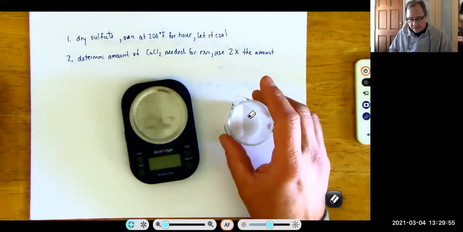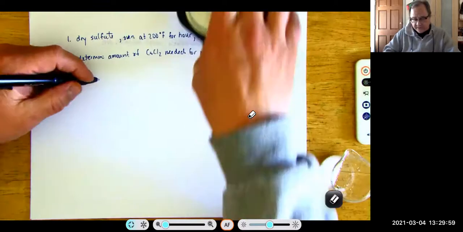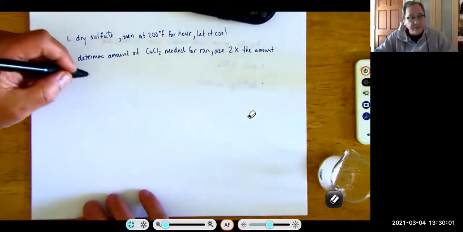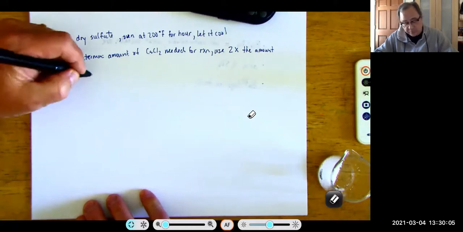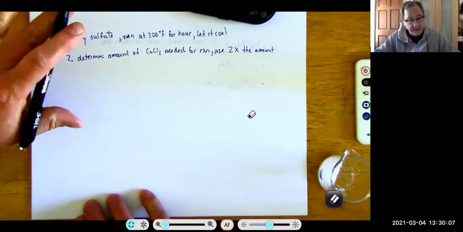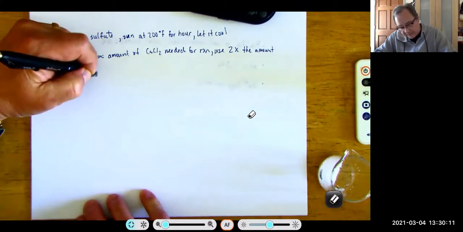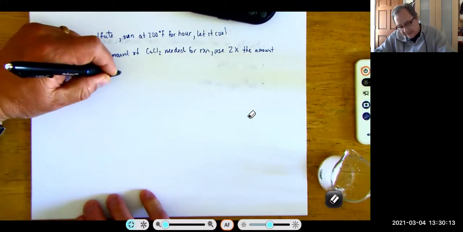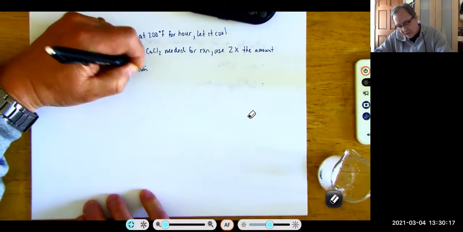So what you want to do here, if you're trying to do this, is go ahead and use the one of these with the lowest molar mass. Just for purposes of figuring out how much calcium chloride to use, you could assume you have lithium carbonate.